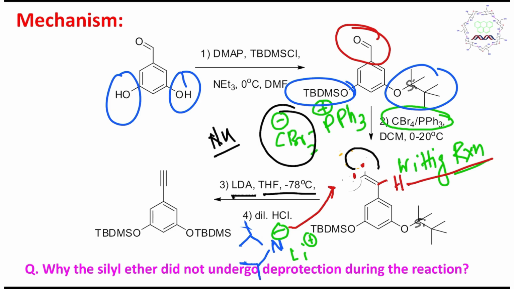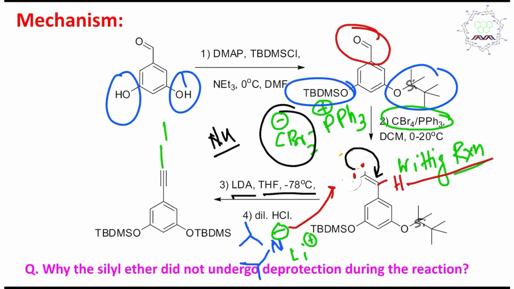How? This lone pair comes here and this proton shifts from here to here, and in this way it produces the terminal alkyne. So actually in the first step the terminal alkyne is not produced, students. More accurately, the lithium salt is produced, which upon workup with dilute HCl produces the terminal alkyne.